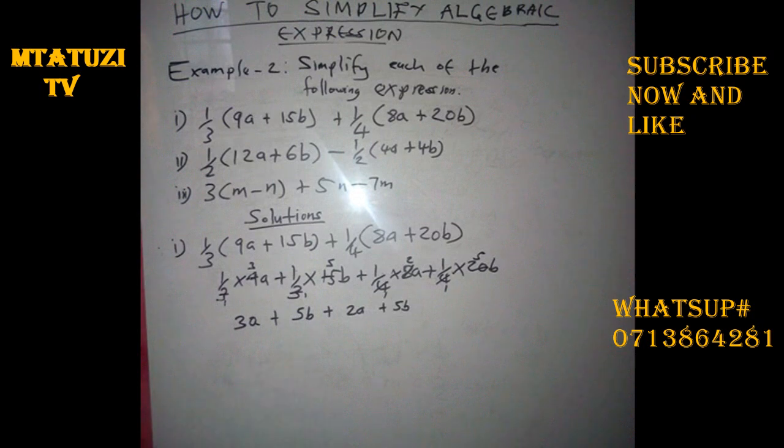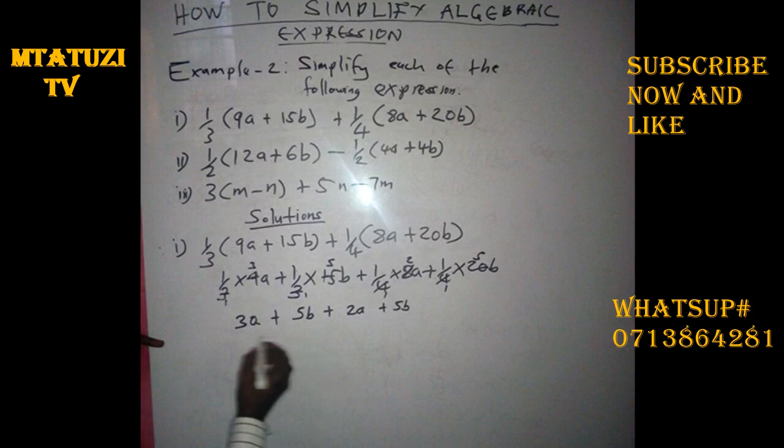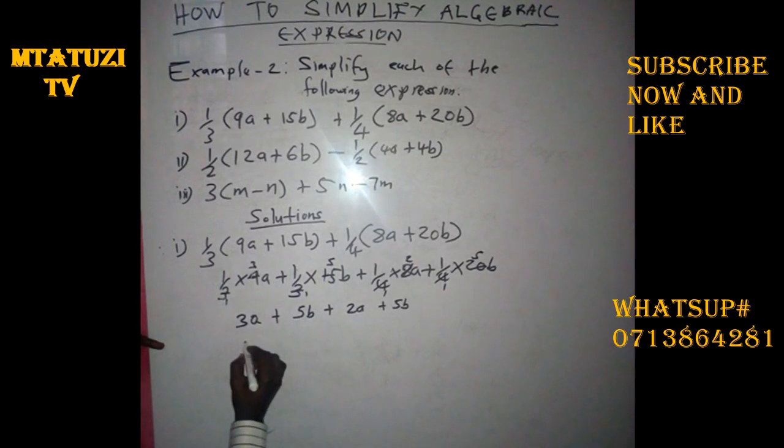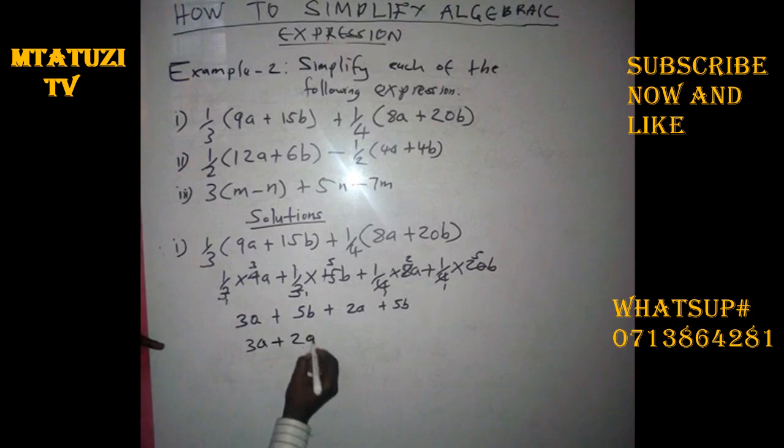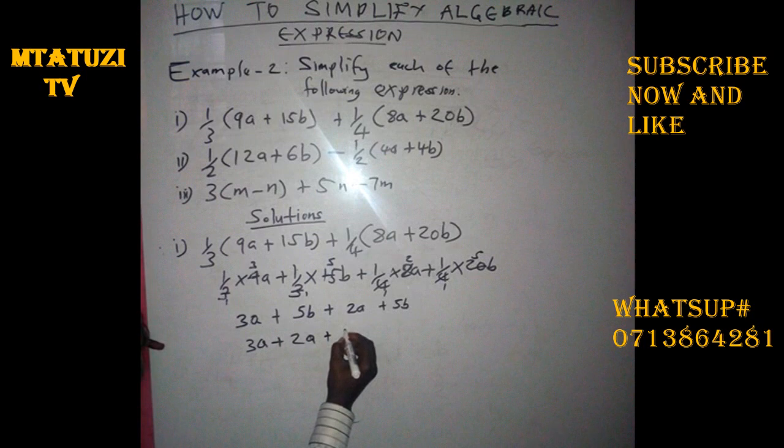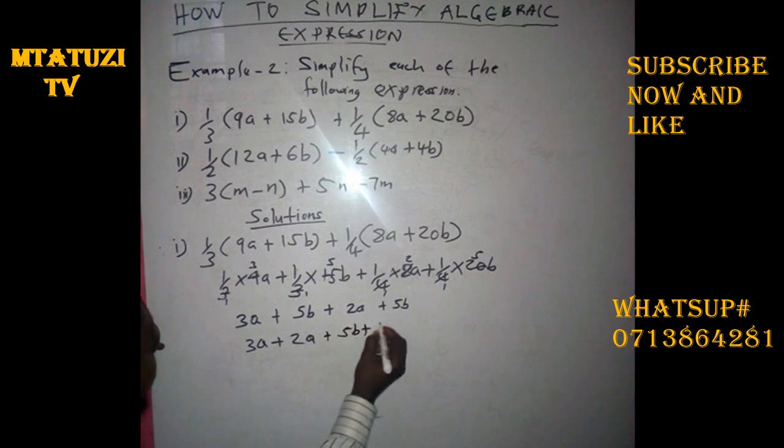Now in this form you have to arrange them in a proper order. You take 3a plus 2a, arranging the like terms, and put the others together: 5b plus 5b.